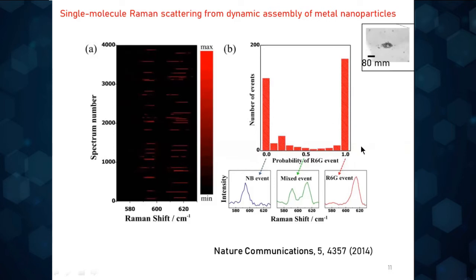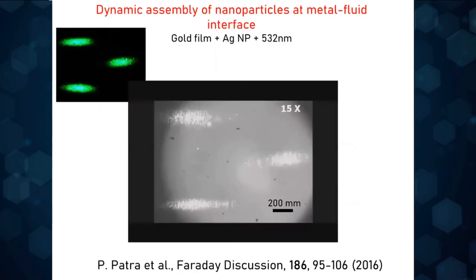I will not go into details, but if somebody is interested, one can look up this paper. There are a lot of implications of aggregates and how single molecules behave in such aggregates. And there are many different prospects of also studying photothermal effects on single molecules using such approaches. So if you have any questions, I'd be happy to answer later on this.